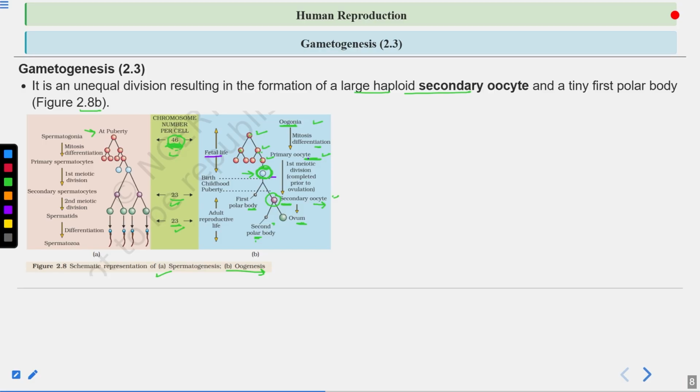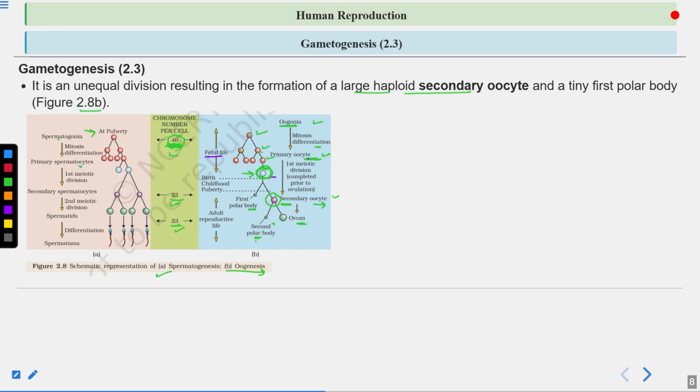You can see spermatogonia, which are diploid. Some of the spermatogonia form the primary spermatocyte, which will again be diploid. Primary spermatocytes undergo the first meiotic division to form secondary spermatocytes. Secondary spermatocytes undergo the second meiotic division to form spermatids. Four spermatids are formed from one primary spermatocyte, and finally spermatozoa are formed.